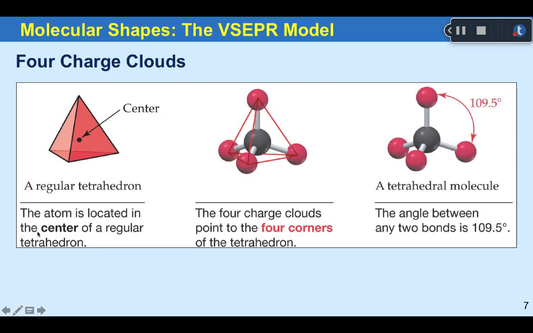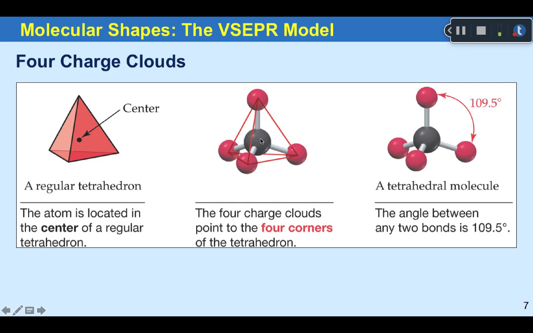Four charge clouds, next possibility. The angle you get from this is one that's less commonly encountered in your everyday existence. We call this a tetrahedron. The atom is in the center of this tetrahedral thing, where you have represented in this particular diagram a black sphere surrounded by four red ones, and they're singly bonded.